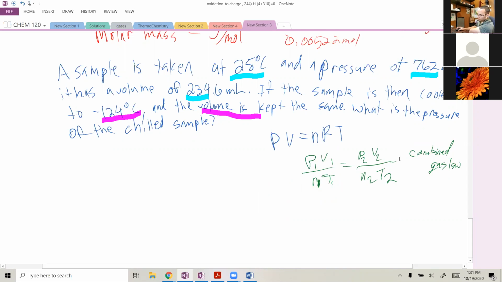So for this one here, what has stayed the same under our two conditions? Volume. Volume has stayed the same, so we can go ahead and remove that volume. What else has stayed the same?